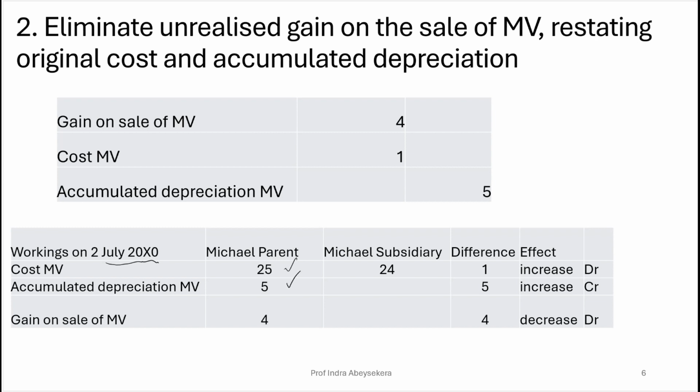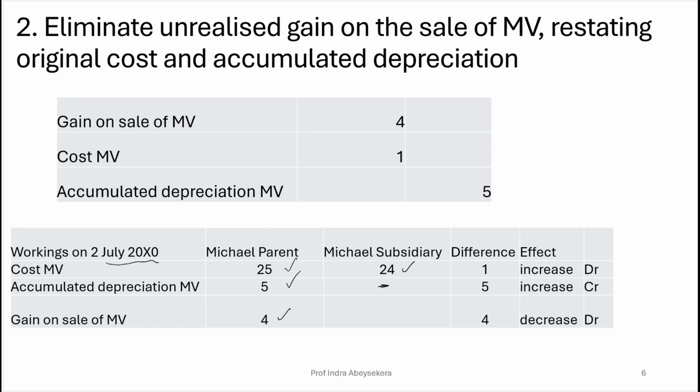And then Michael sold the asset and made a gain of $4,000, which is also recorded. Michael's subsidiary bought this asset and recorded it as 24,000. At 2nd of July 20X0, because it was just bought, there was no accumulated depreciation to record.